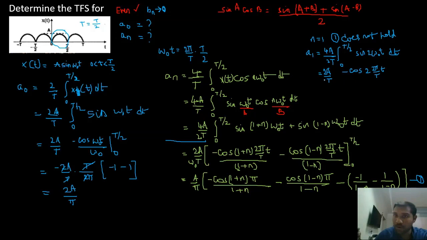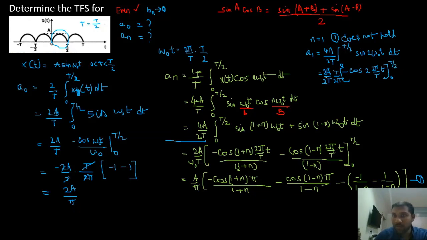The 2 omega naught I'll take outside. Instead of omega naught, I can write 2 pi by T, right? And my limits are 0 to T by 2.